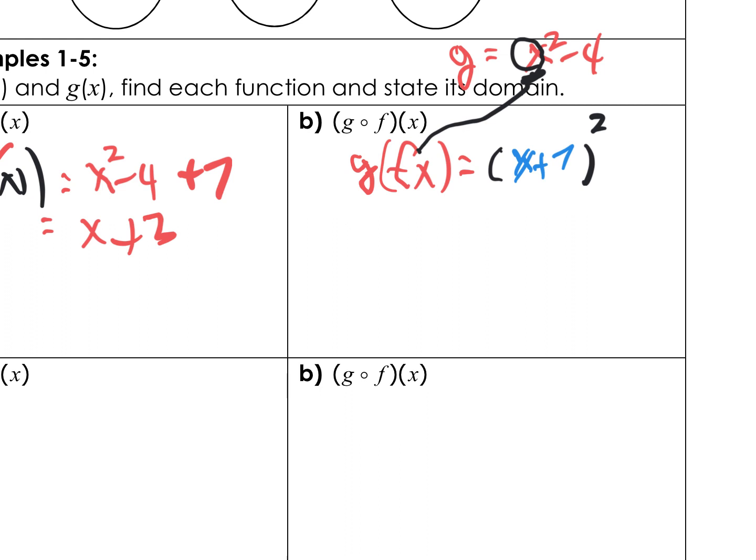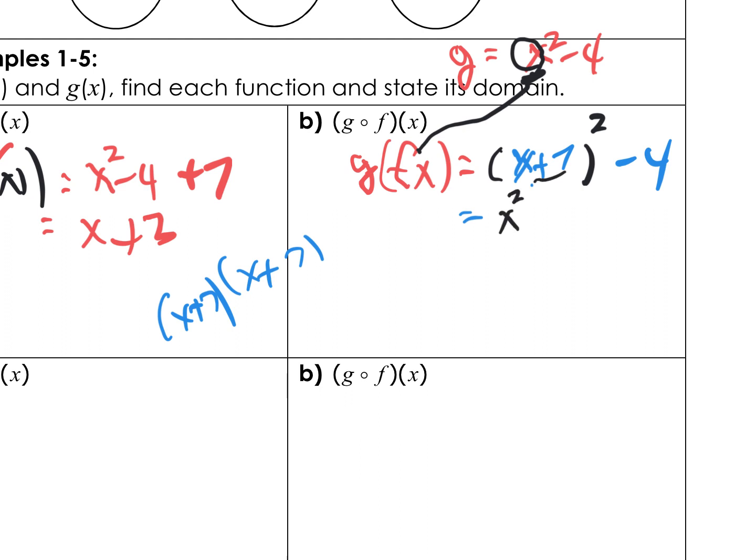And then what was after x squared? There was a minus 4 here. That means all of f being squared minus 4. And I hope you know how to do x plus 7 times x plus 7. The shortcut, instead of using FOIL, which is exactly the same answer, is x times x is x squared.